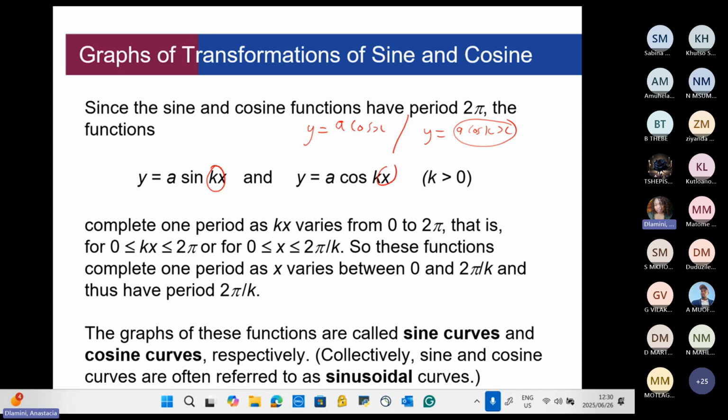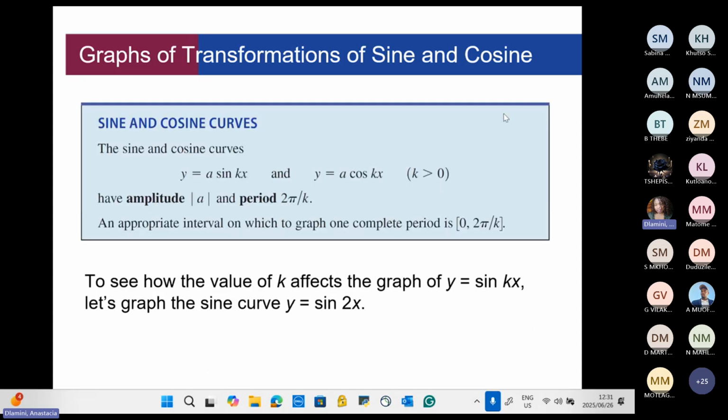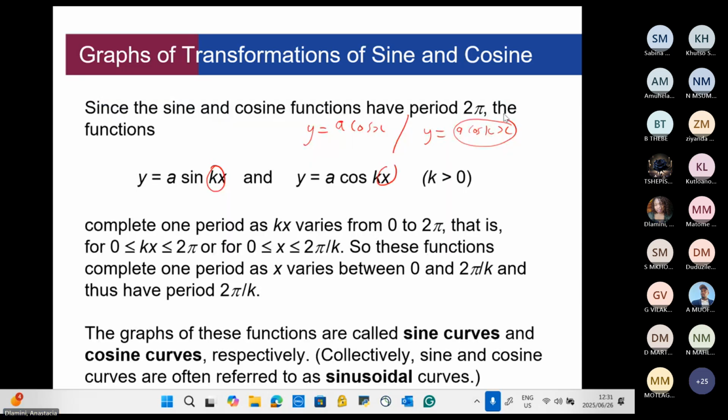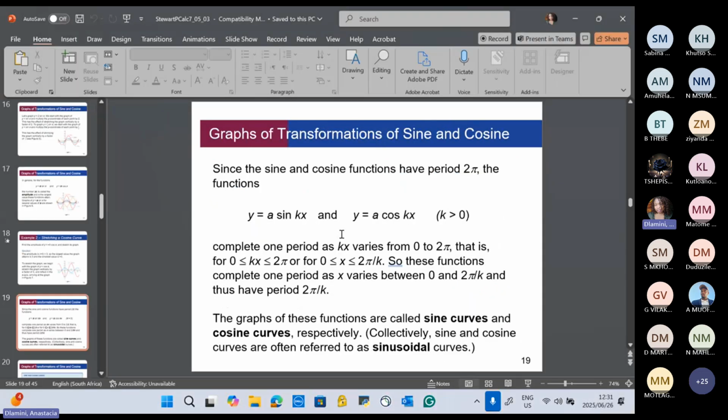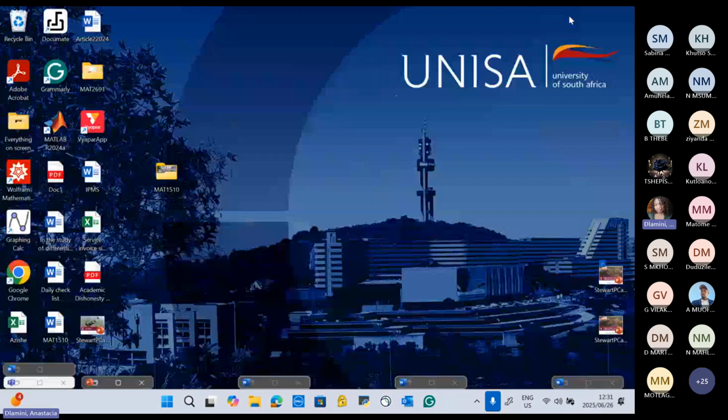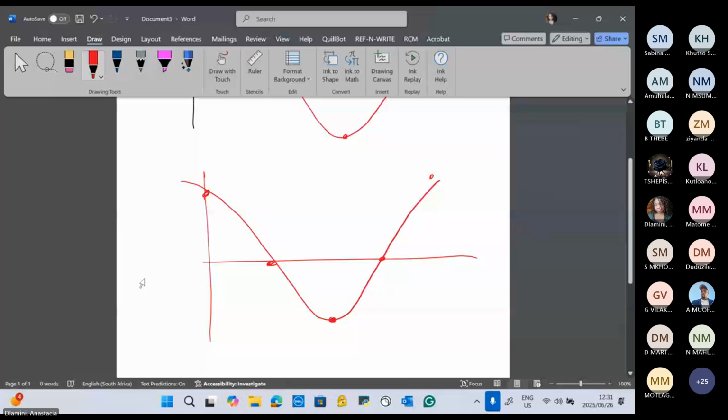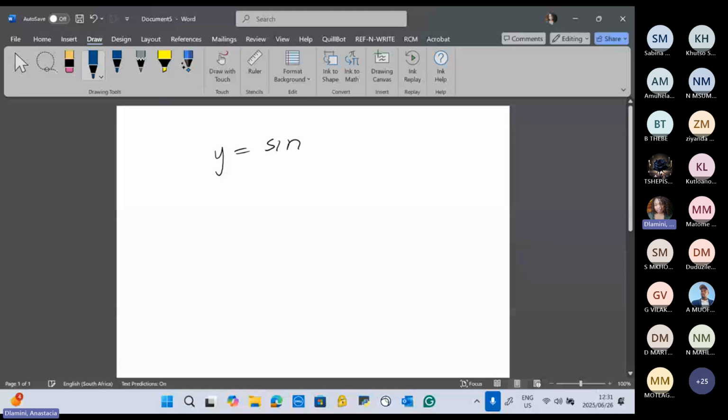Because remember, initially this is what you had, this chart. So you had y equals sine of x, and then there's a here. The a value, the amplitude, doesn't affect the period. Let's get it correct. The amplitude doesn't affect the period.